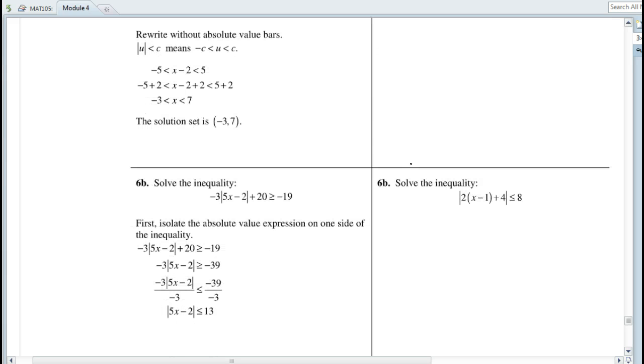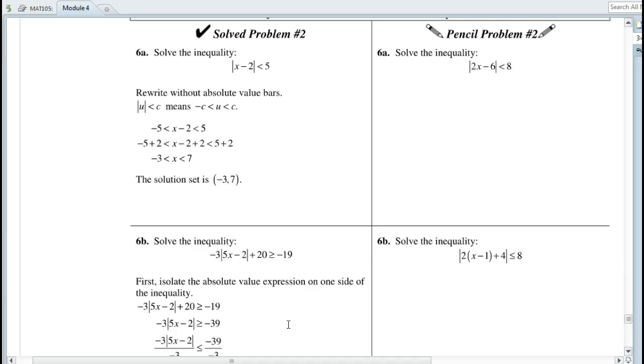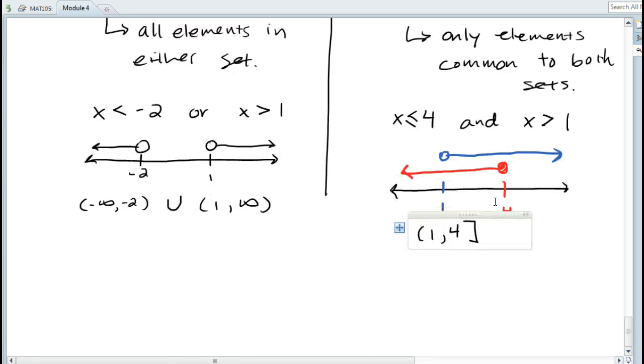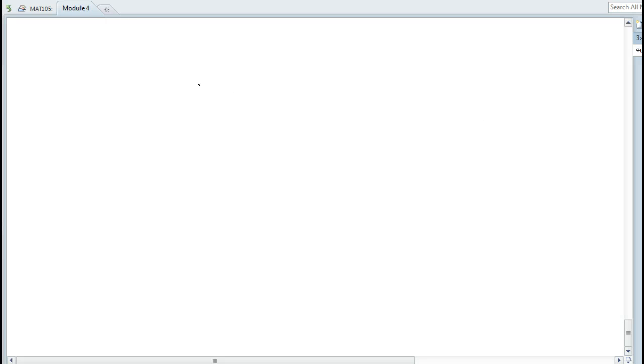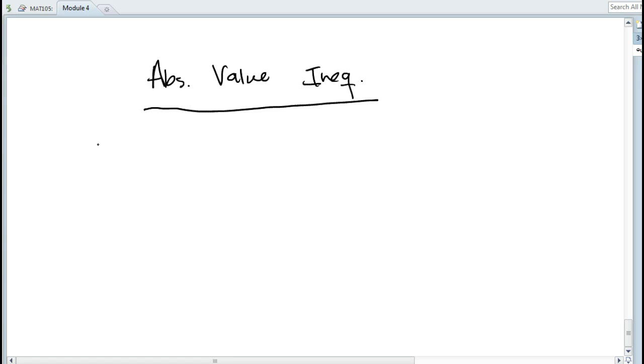Okay, so a couple with absolute values. Important thing to note here is that there are basically 2 scenarios, so I will explain those now. If we have absolute value inequalities, basically there are 2 big cases.